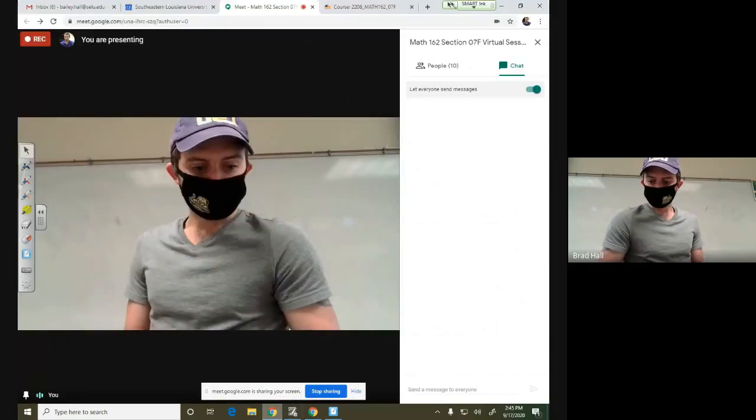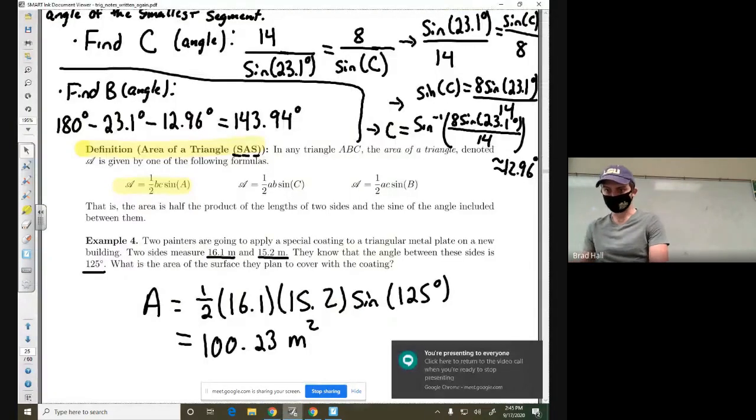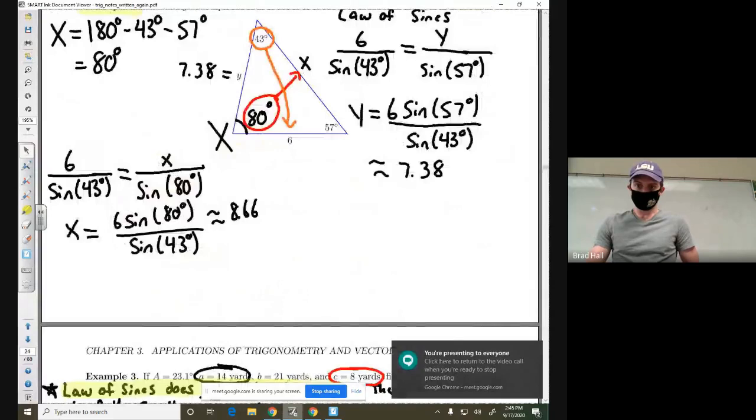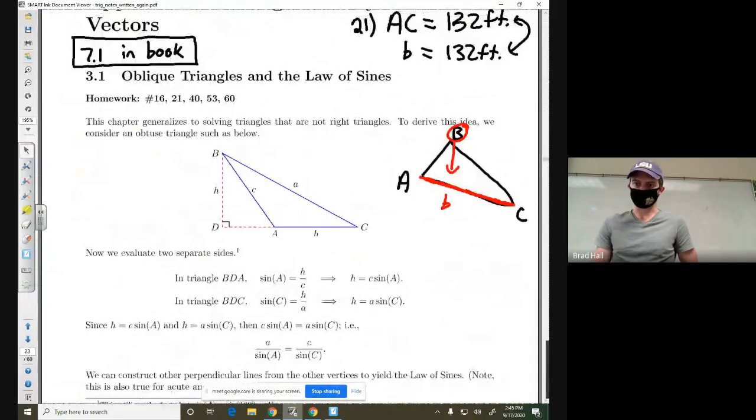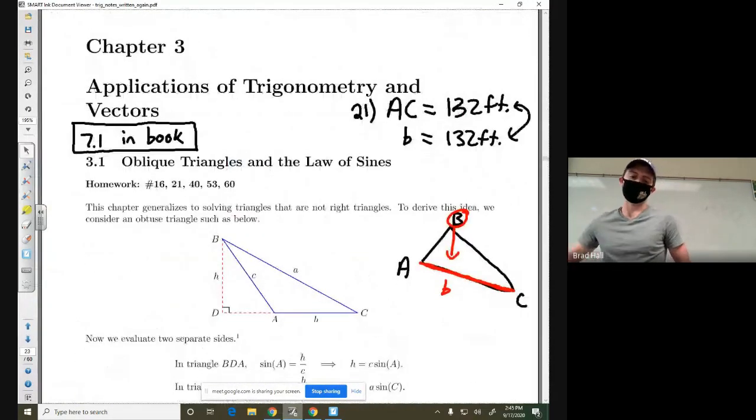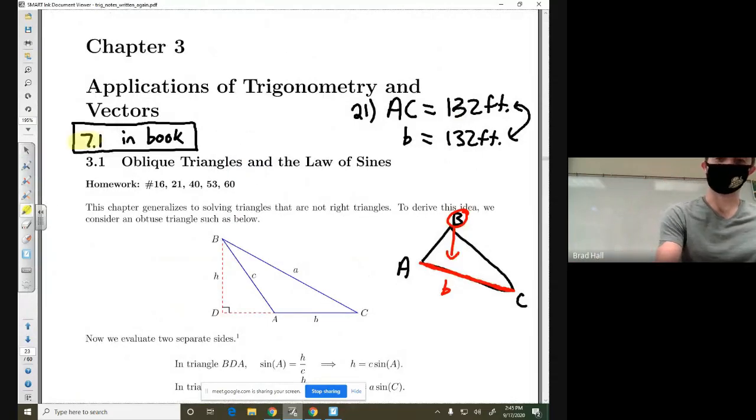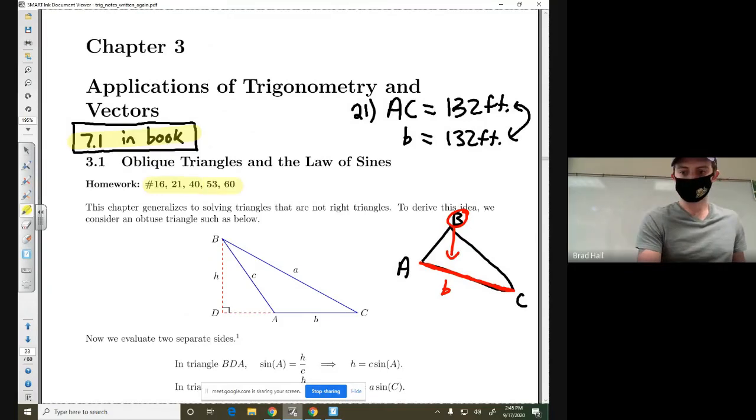So if nobody has any questions up to here so far, then the homework, I was trying to think about this in my office. Anything, go to the right section in the book, please. It's 7.1 in the book. Here's the homework problems. I think they're all pretty fair.